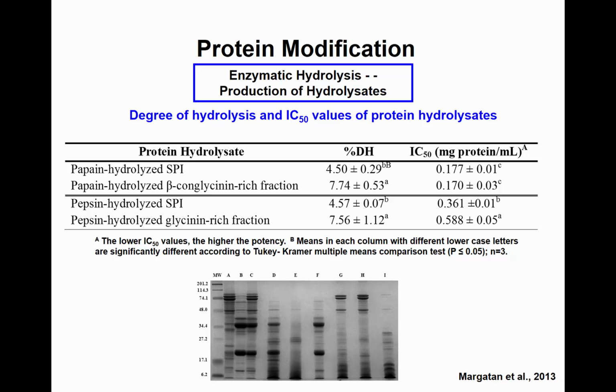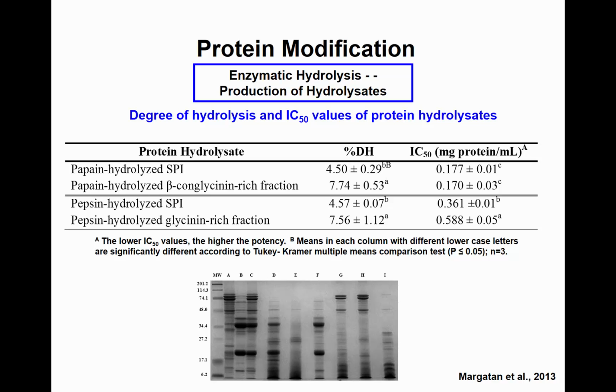So potency, this is IC50, so this is the concentration at which you cause 50% inhibition of an antihypertensive enzyme in the body. So the smaller the number, the more potency. That means you need less protein to reach 50% inhibition. So from literature, we know that beta-conglycinin will release peptides that are more potent than glycinin.